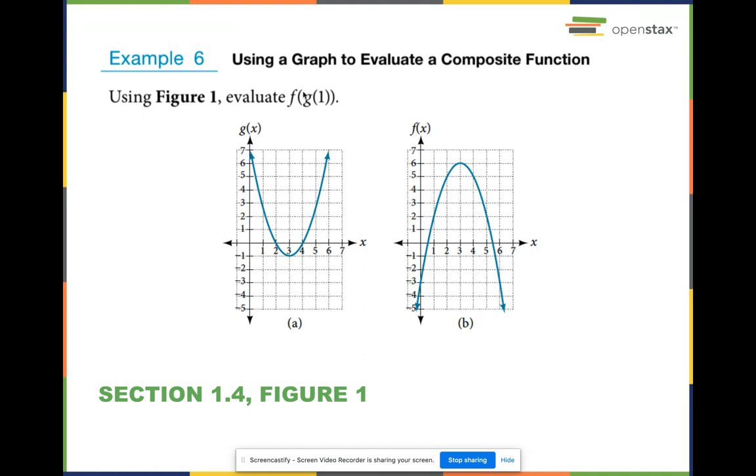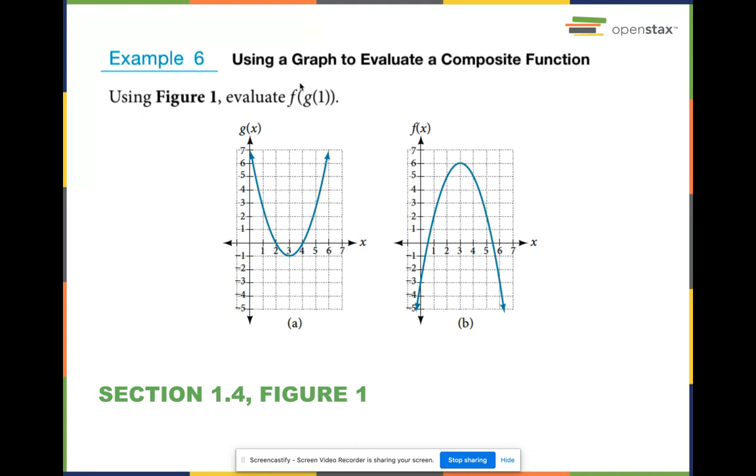We want to evaluate the internal function, g at 1, first. We look at this graph, because this is g of x. Our input is 1, so we go along the x-axis to that value, 1, and our output is 3. The y value, when x is 1, g of x is 3. So 3 is the value of this internal function.